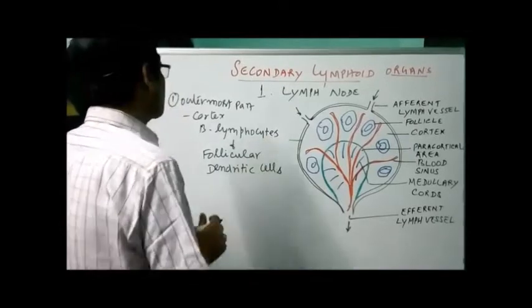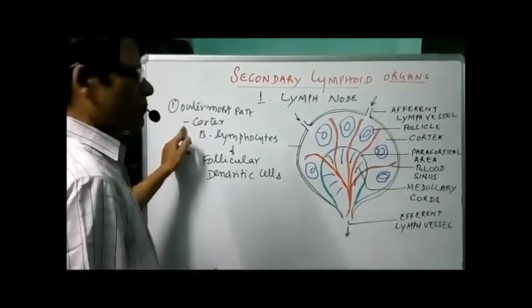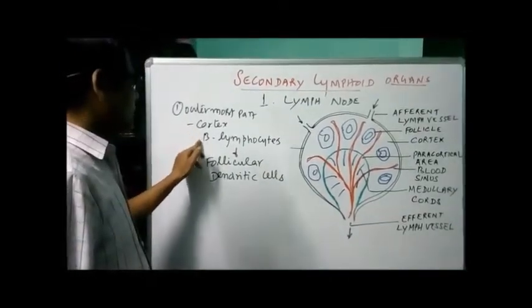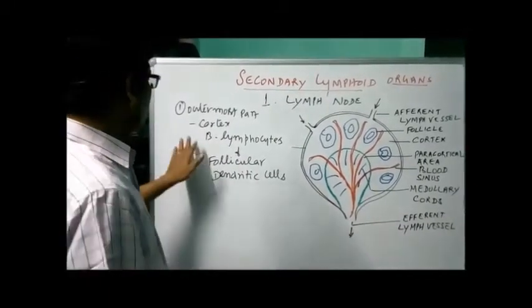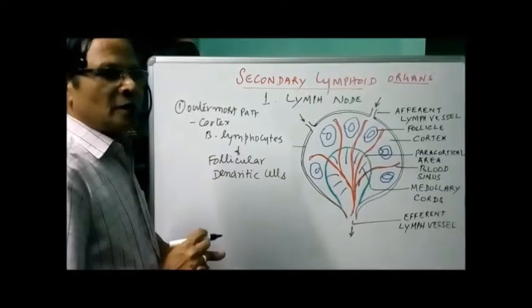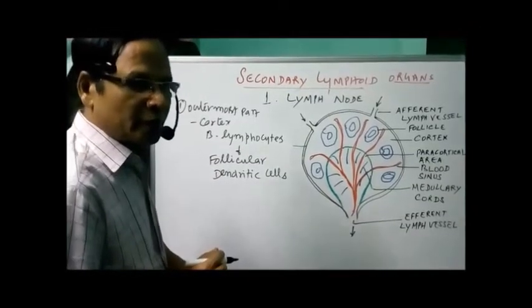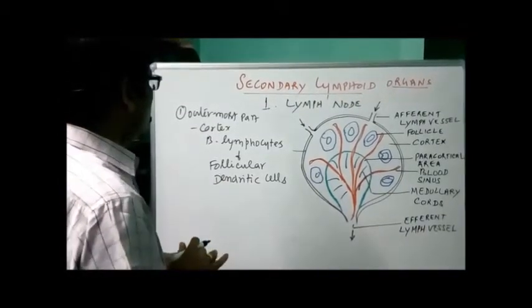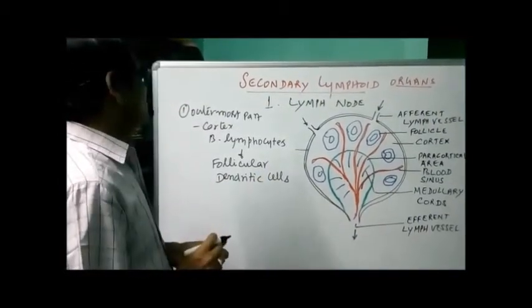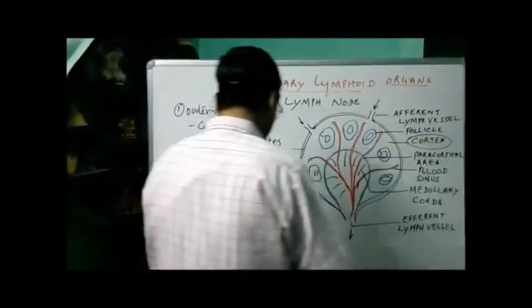So the outermost part, the cortex, contains the B lymphocytes and follicular dendritic cells. Otherwise we can say the cortex is a B lymphocyte dependent area or bone marrow dependent area.